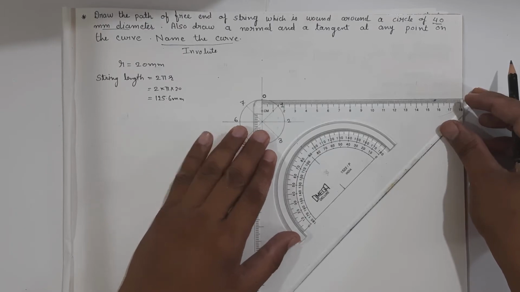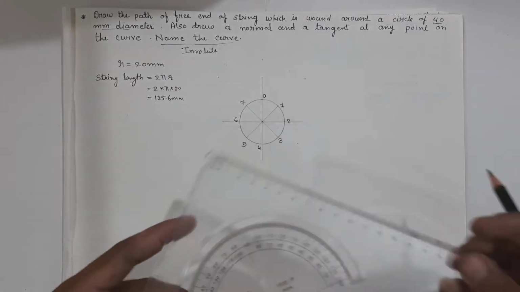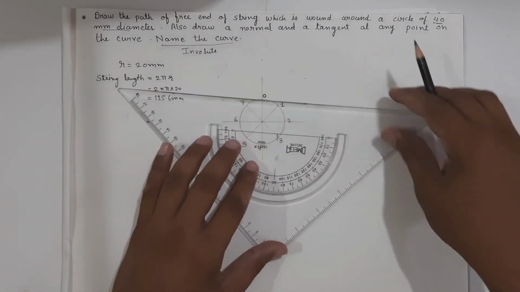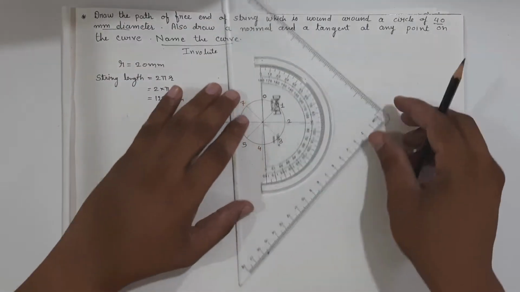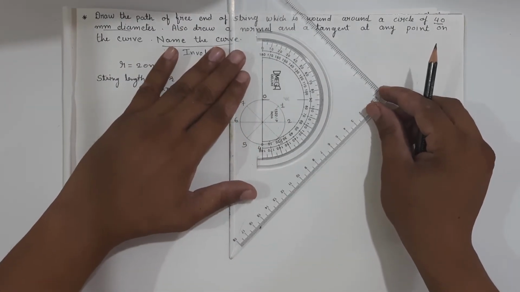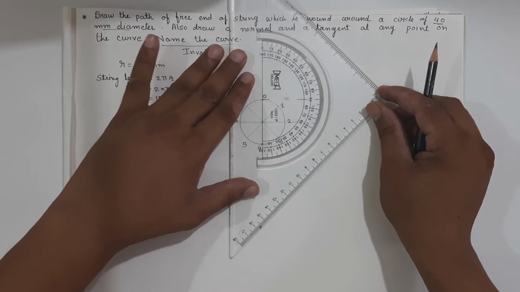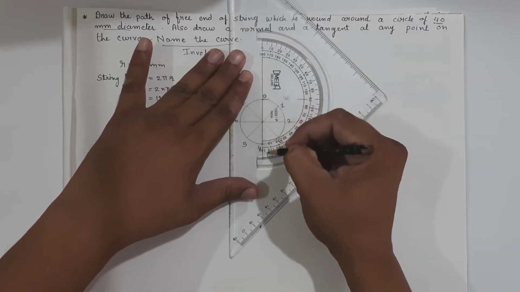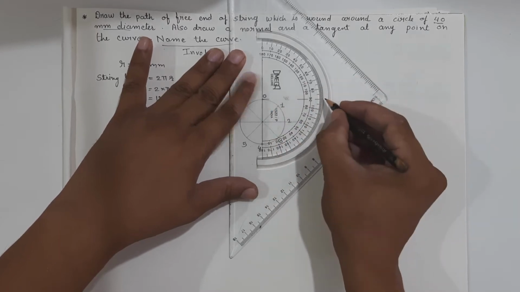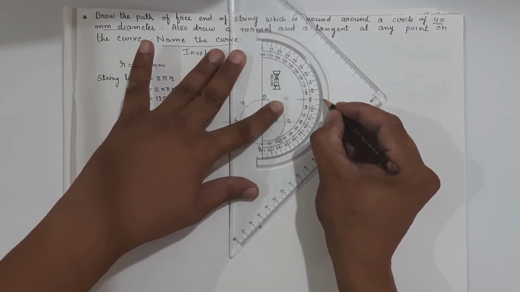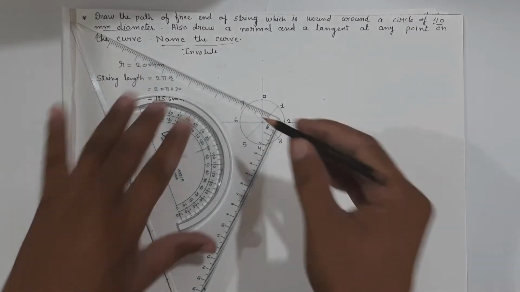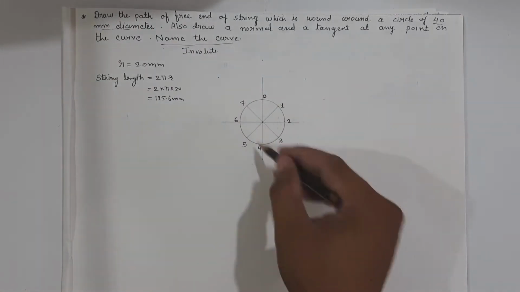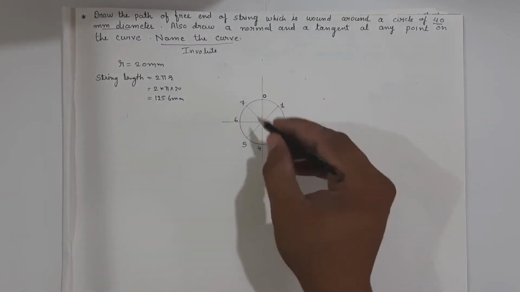So now attach a string over here at 0 point by making a tangent at point 0. As we know, the tangent to the circle will be a line perpendicular to the normal to the circle. So right now all the diameters that we have shown are the normal to the circle at each point.